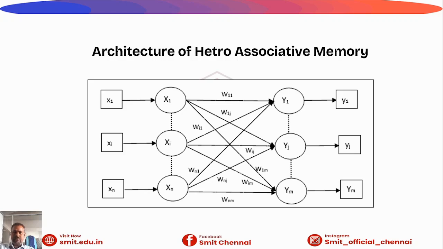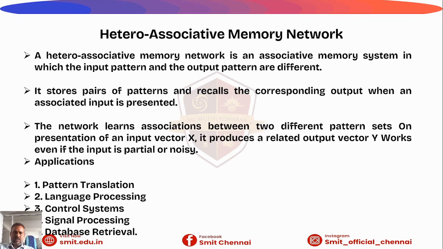The input block connects with the hidden layer and then the output layer. So these are the input layer, hidden layer and output layer covered in this hetero associative memory. Hetero means two-dimensional vectors. The hetero associative memory network deals with input and output patterns that are different.